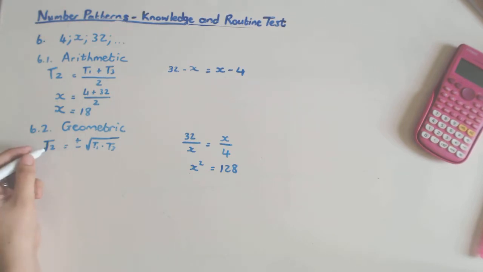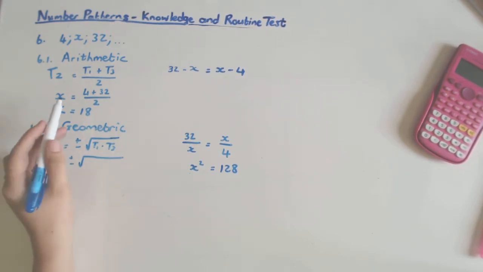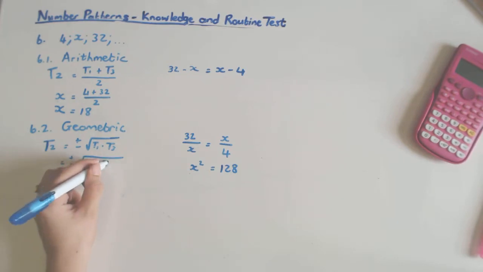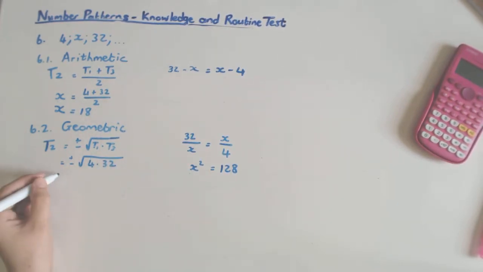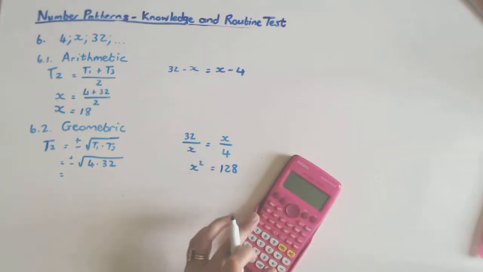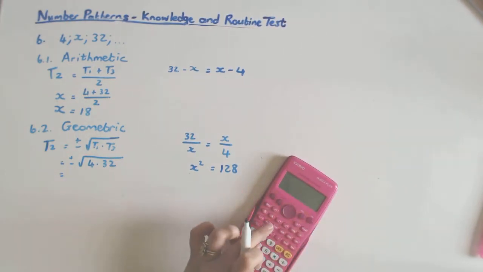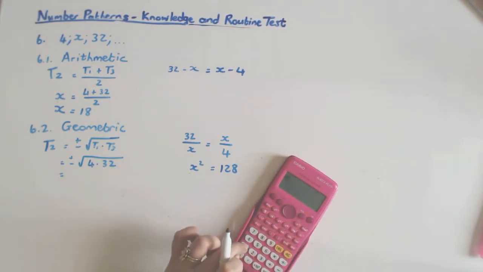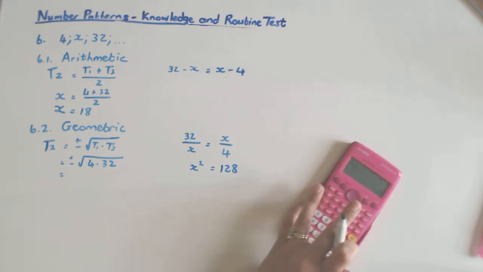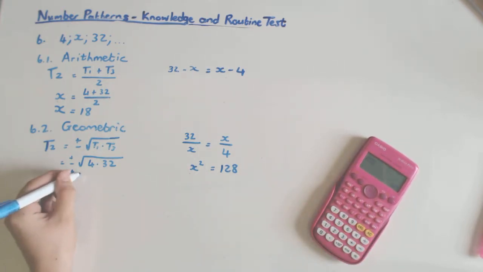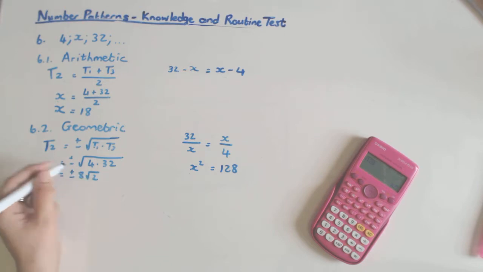So if I've got this, I can just say x is plus or minus the root of 4 times 32, which is root 128, and I can just substitute that in my calculator. That's 8 root 2. So plus or minus 8 root 2 is the value of x.